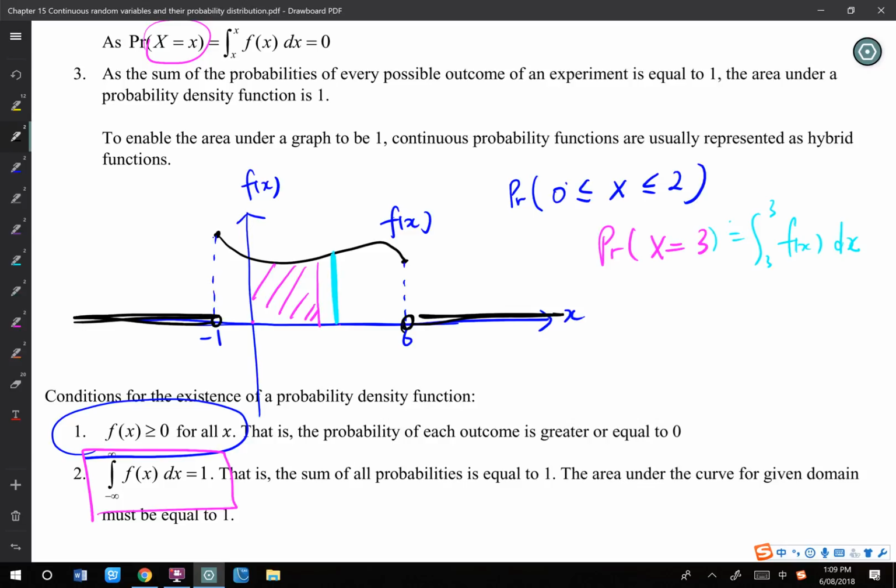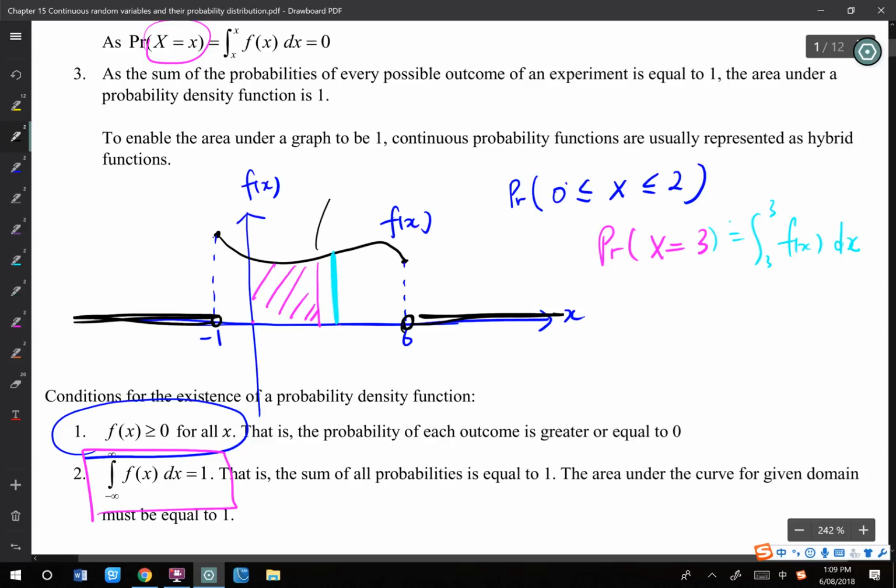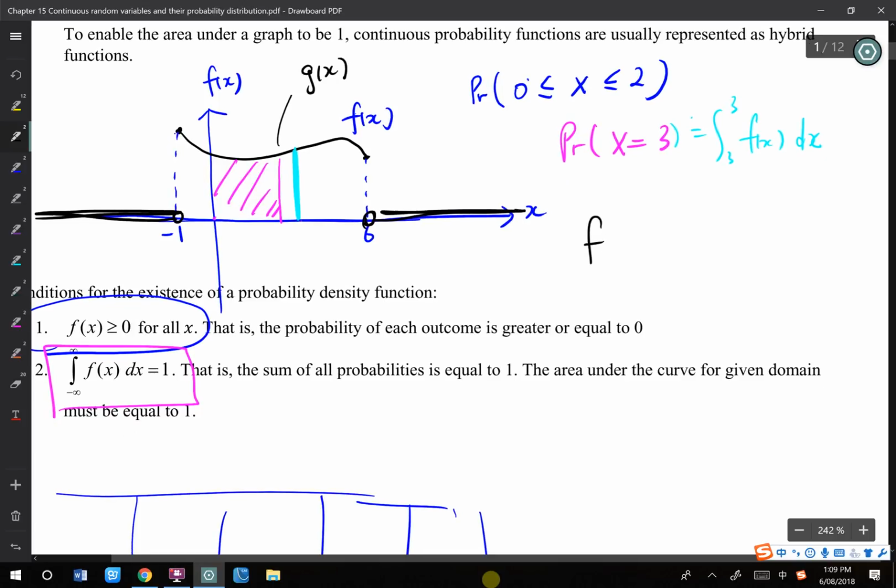So your graph is actually, for example, this one is a cubic function. Let's say that's g(x). So your density function should be f(x) equals g(x) when x belongs to -1 to 6. That's how you represent it, and it equals 0 otherwise. Except those points, I will have 0 otherwise.